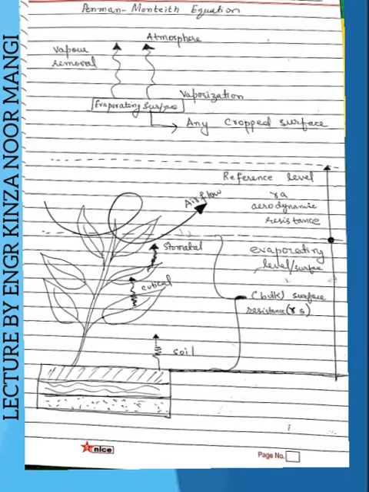The second resistance is the cuticular resistance. Cuticles are plant layers that cover the cells of the plants, and they protect the plants from sun radiation so that the water may not get evaporated and they may not wilt quickly.